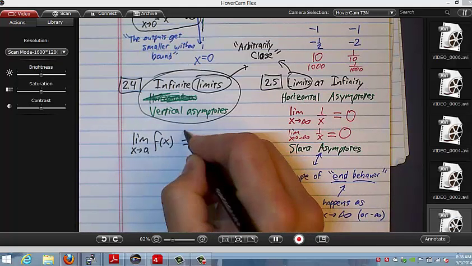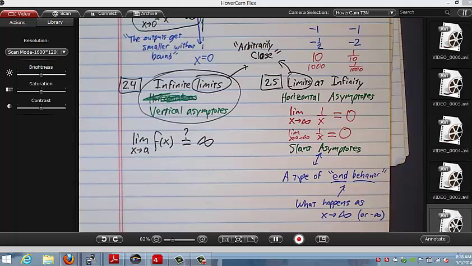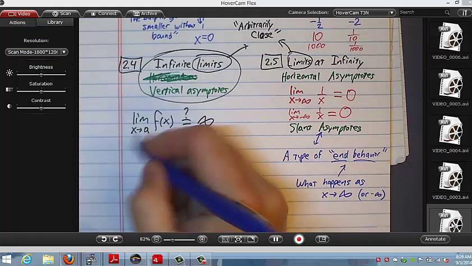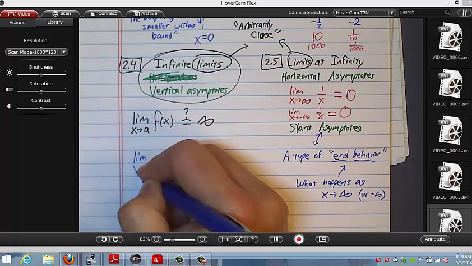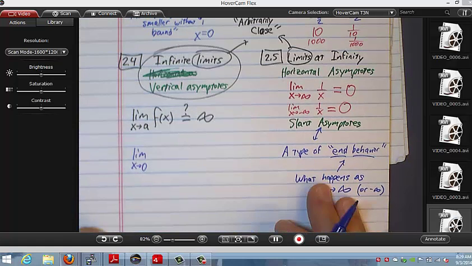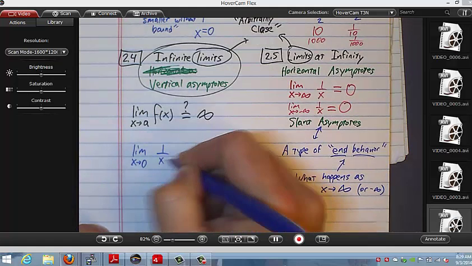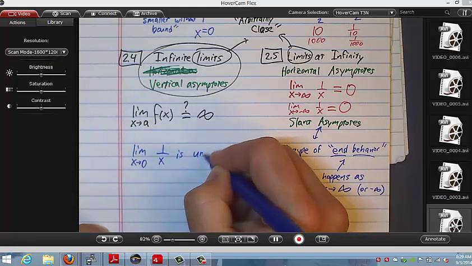The question is, does it equal infinity? That's the question. Now, what would that even mean? Well, it turns out that we're going to say, in our first example that I just gave you, the limit as x approaches 0 of 1 over x, I'm going to say is undefined.